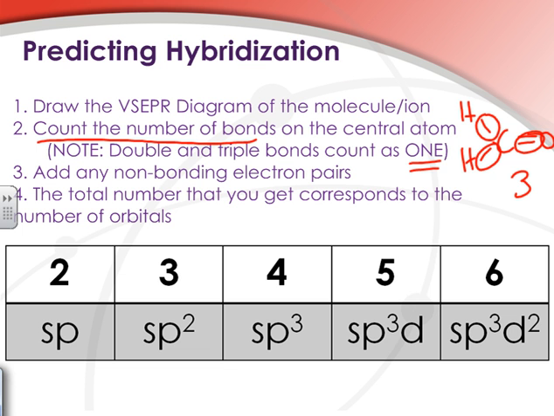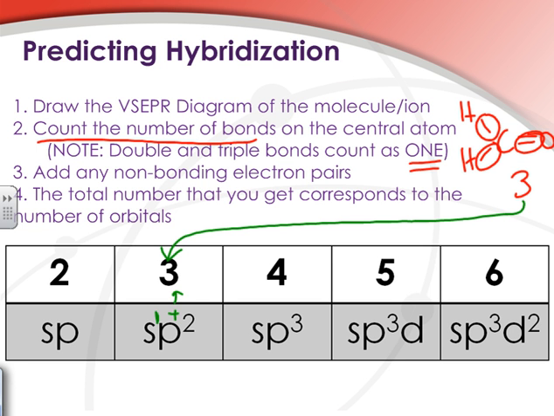Add any non-bonding electron pairs. So if this carbon had two extra electrons hanging off of it, then that would count and that would make it 4, but that's not the case. And then the total number that you get corresponds to the number of orbitals according to this chart here. So if I have 3 bonding pairs, that means I have sp2 hybridized orbitals. Where does the 3 come from? Well, it means I had one s and two p's fused together. 1 plus 2 is 3.